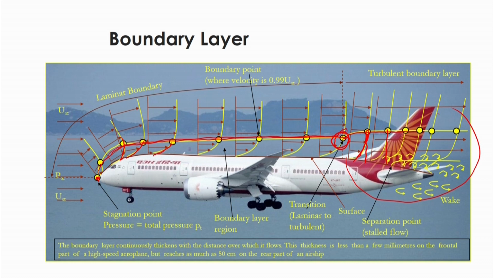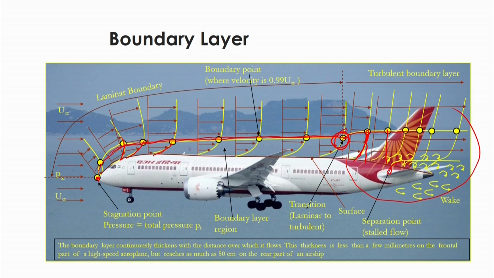You can also observe a separation point from the laminar sublayer to the turbulent sublayer region; that point will also be called a separation point, but this will be called stalled flow. In that case, the boundary layer thickness will be different from the laminar boundary layer thickness.